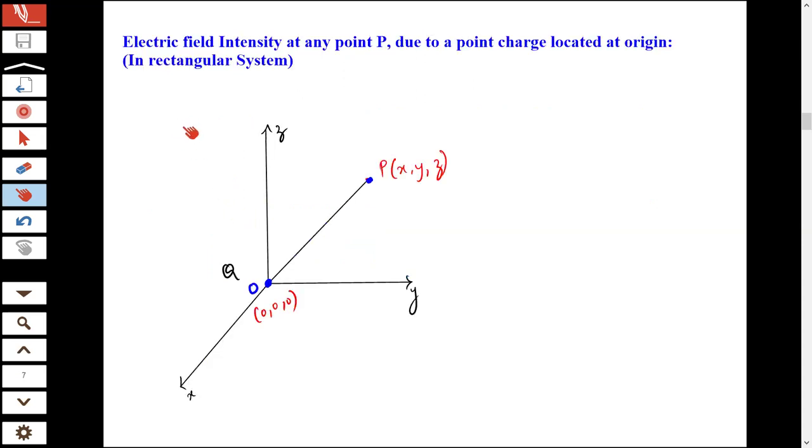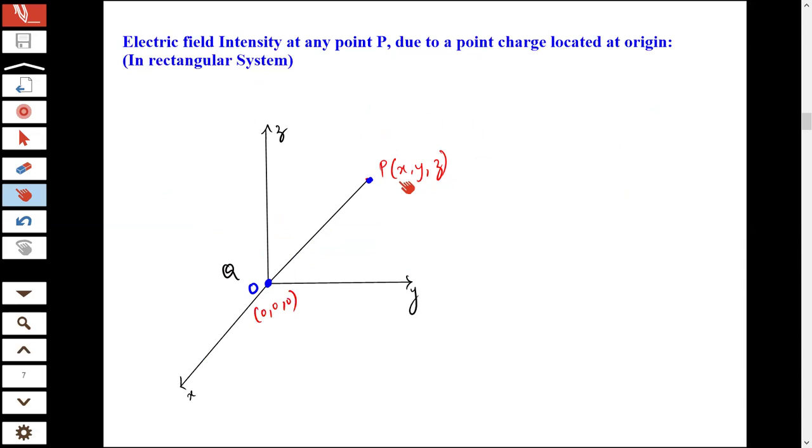Now, let us discuss how to apply Coulomb's law to find electric field intensity for different types of charge distributions, right from a point charge. If we consider a point charge Q and a distant point P, which we consider as the observation point, we aim to find the electric field intensity at this observation point.